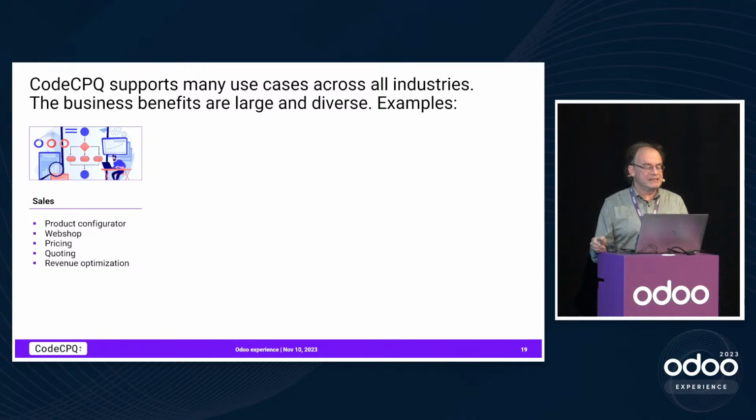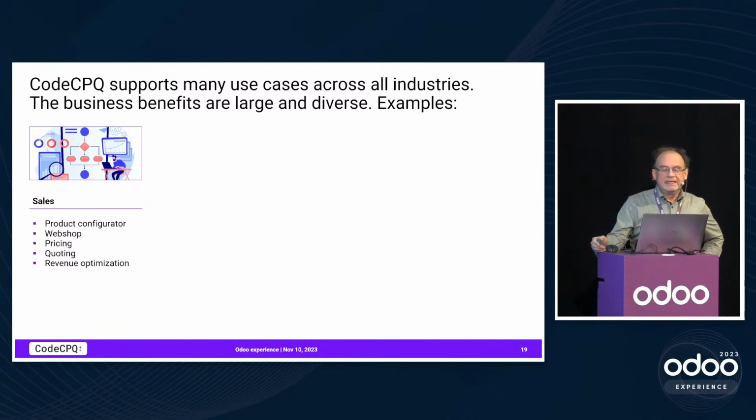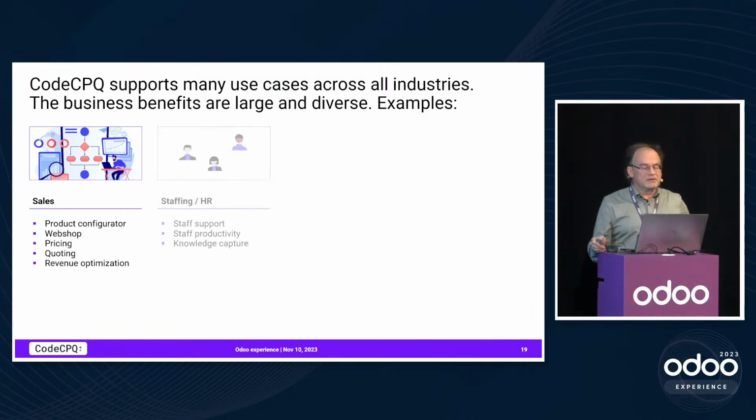Use cases. CodeCPQ first and foremost supports the sales process in many aspects, but other business areas also benefit from it. HR, human resources. Here it supports the staff intensively and increases productivity simply because product knowledge can be implemented in CPQ.